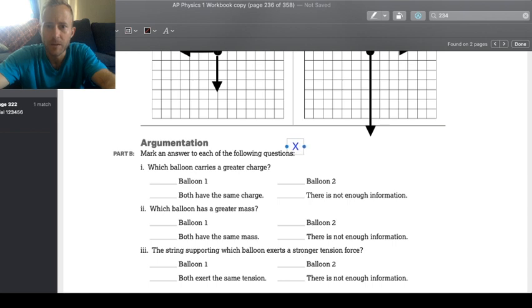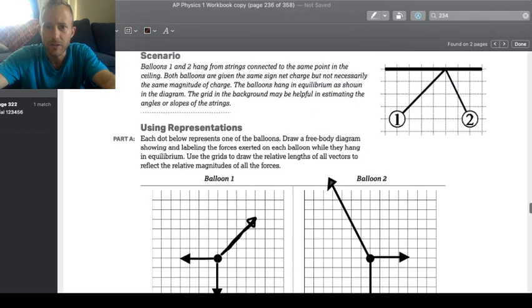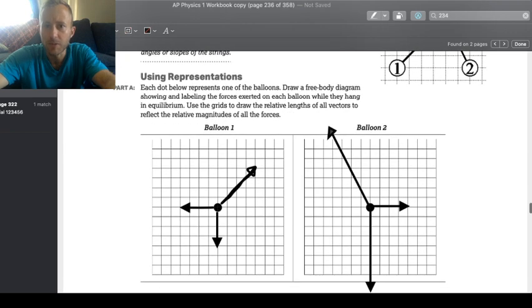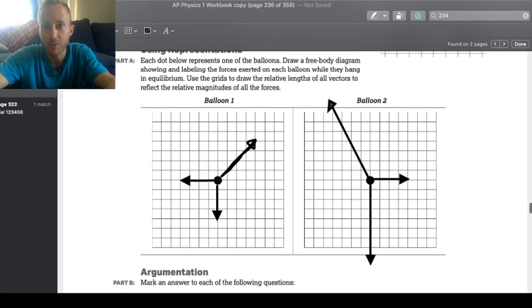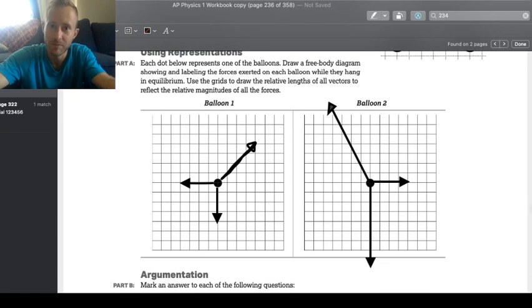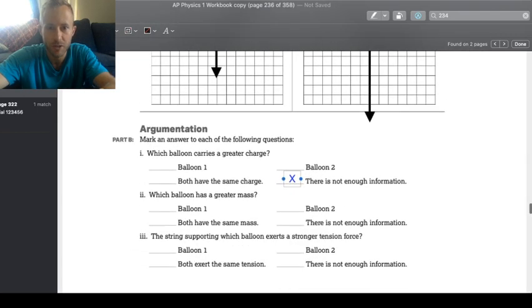Because all we know is that these are equal and opposite forces. It doesn't matter if one has a charge of 2 and the other one has a charge of 1. We calculate kQ1Q2 over r squared. It's the same thing as if we do it the other way around. So there's no way of knowing which one has more charge.